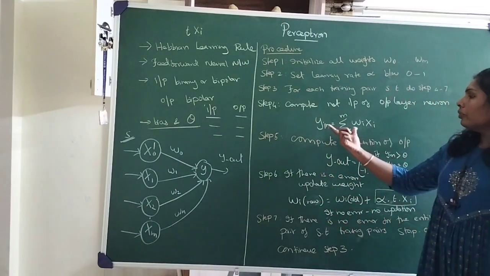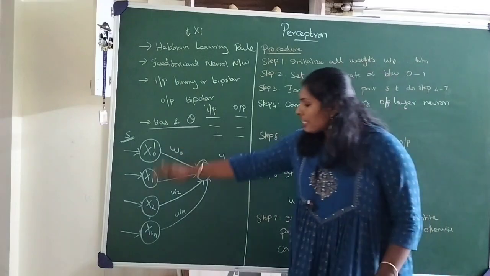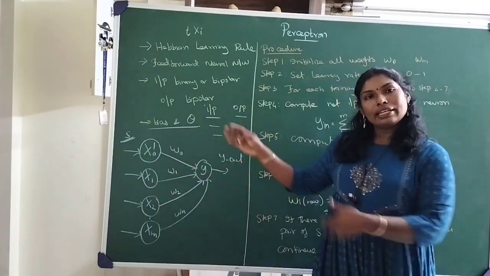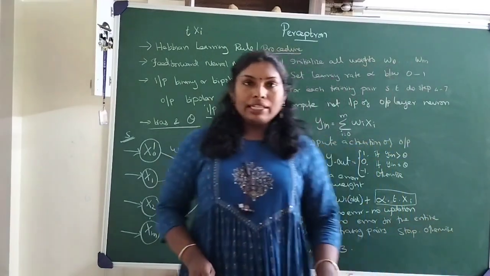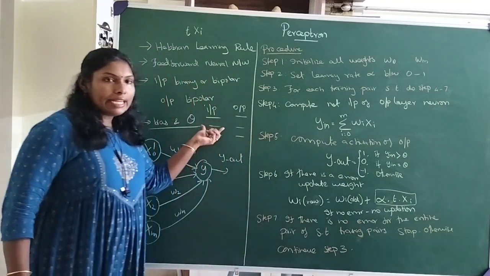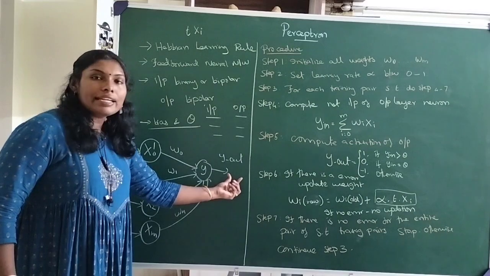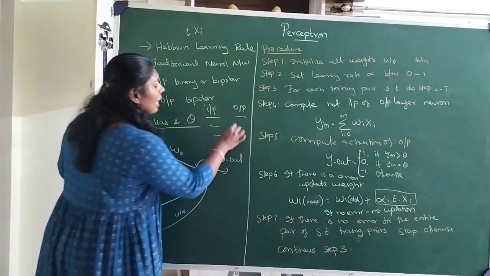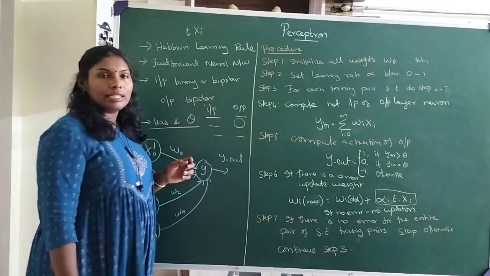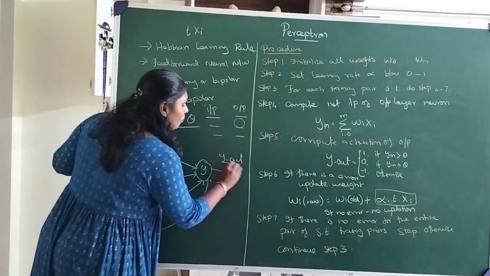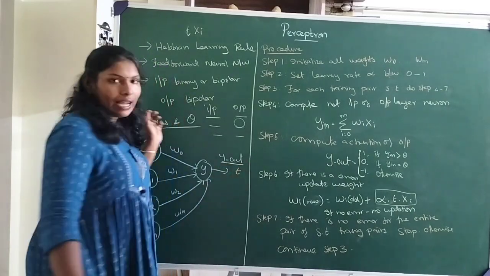In Hebb Net, I just assign all the x values, assign the target value, and go for weight updation. But here, I take one input pattern, check what outcome it gets, and once I receive this output, I compare this y out with the target value.